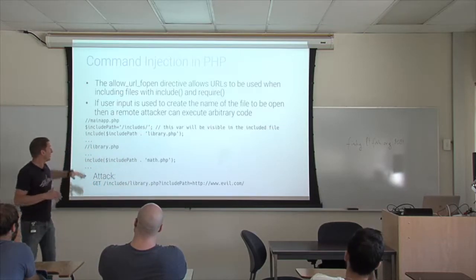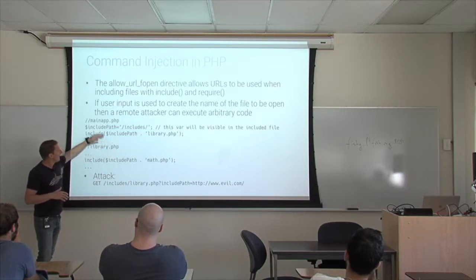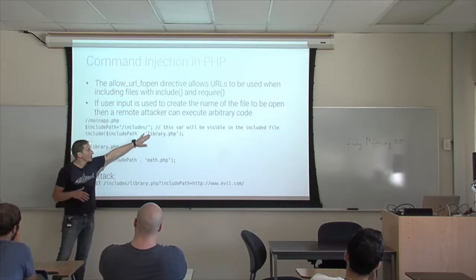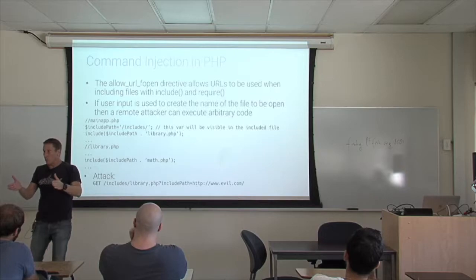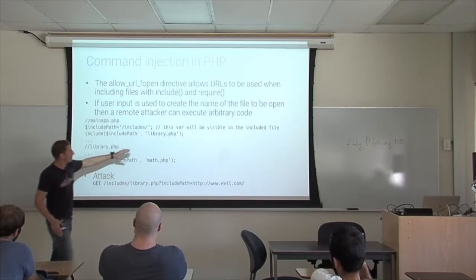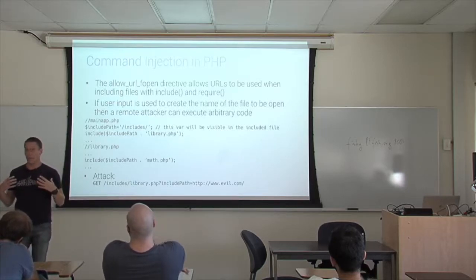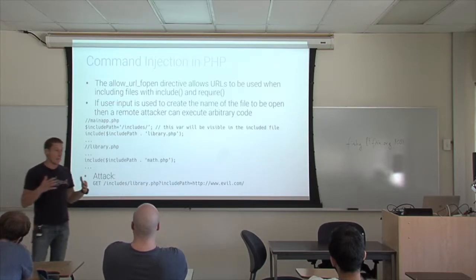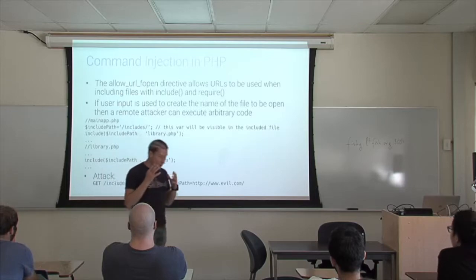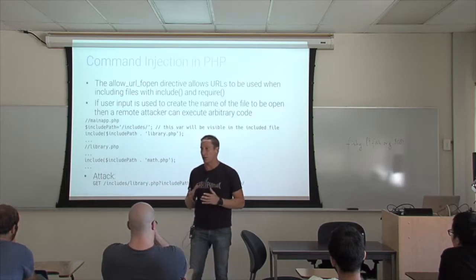And up to here, everything is great. Fundamentally, the inclusion means that you take this file, you evaluate it, and you put it there. So this file will see this variable in its own scope, and everything works fine. And this is a classic example that is very typical of web applications.